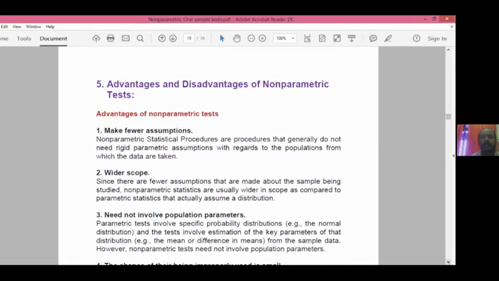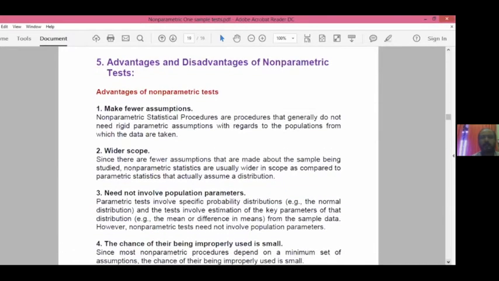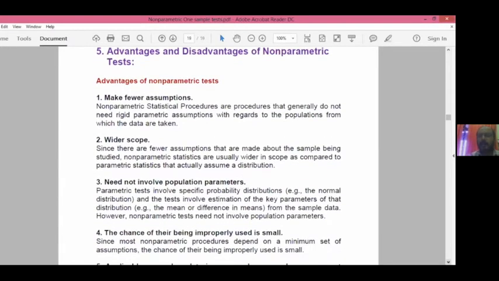Now, advantages and disadvantages of non-parametric methods. I won't read all those things, I will just explain the key points here. The advantages: they make fewer assumptions, have wider scope, and need not involve population parameters.